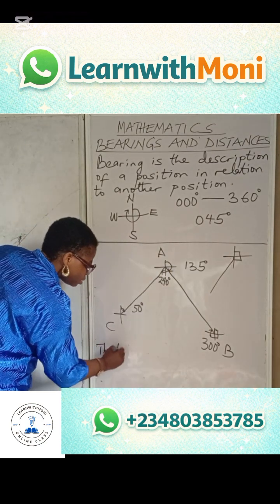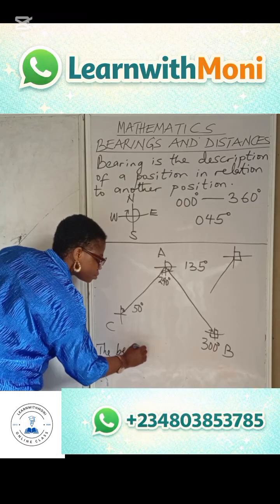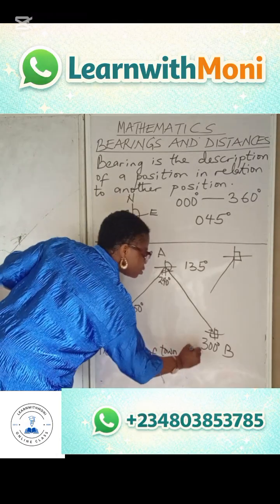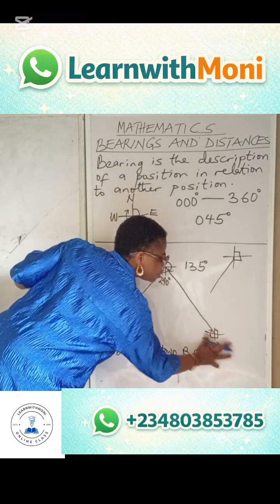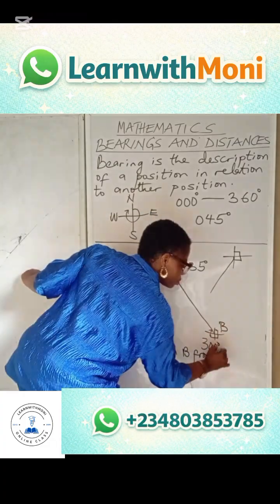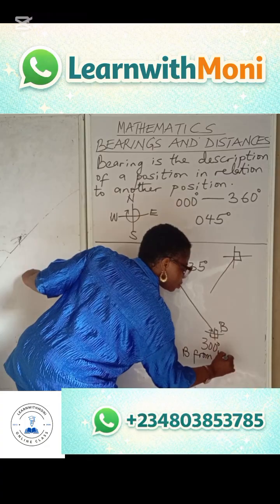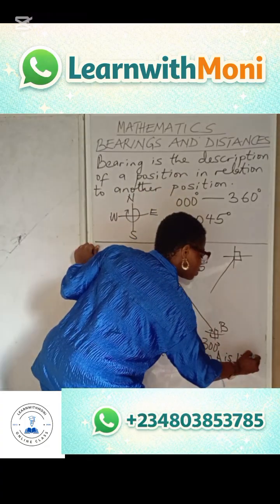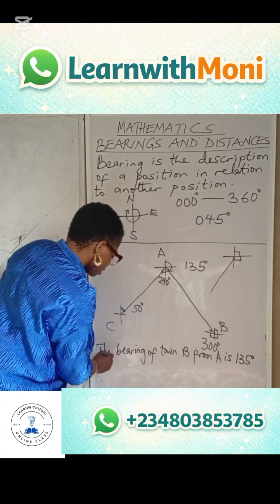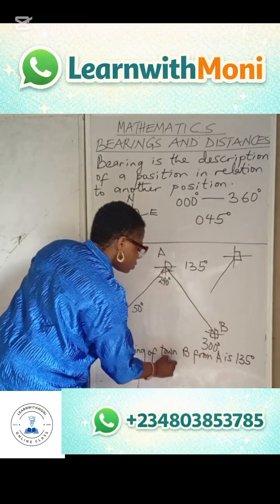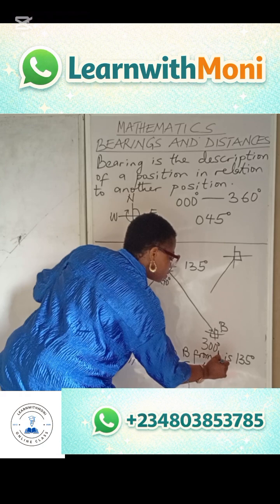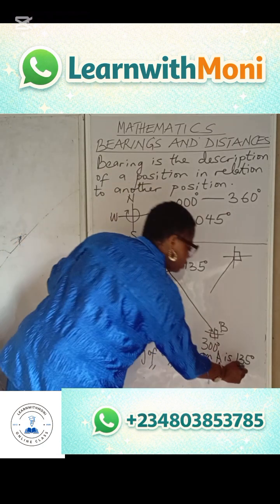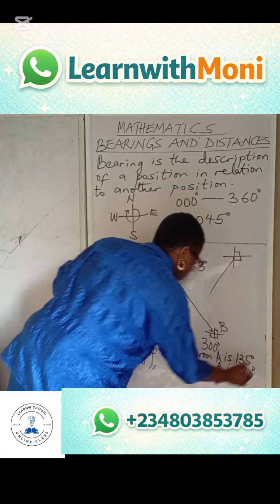I will write the bearing of town B from A is 135 degrees. The bearing of town C from A is 240 degrees.